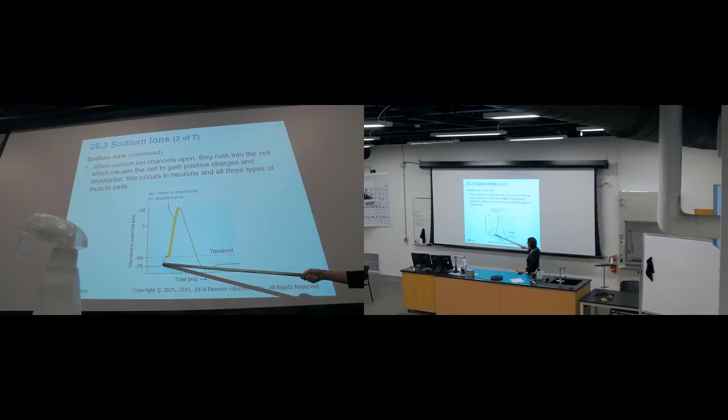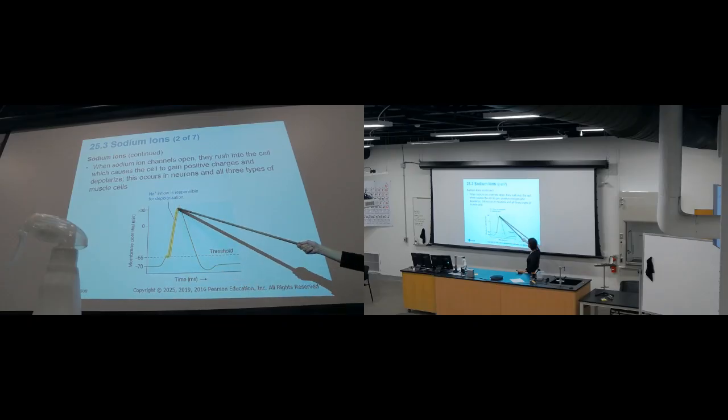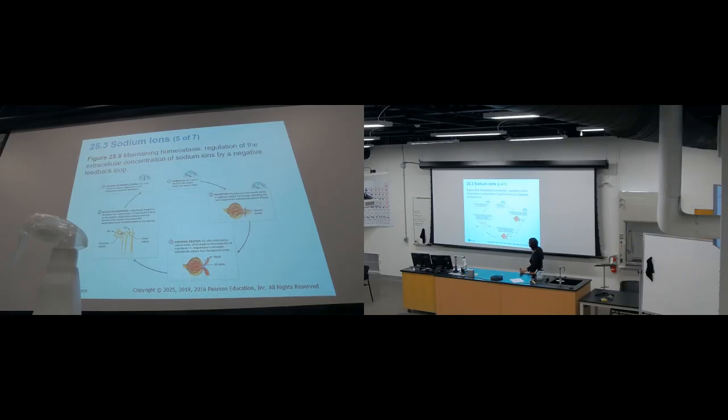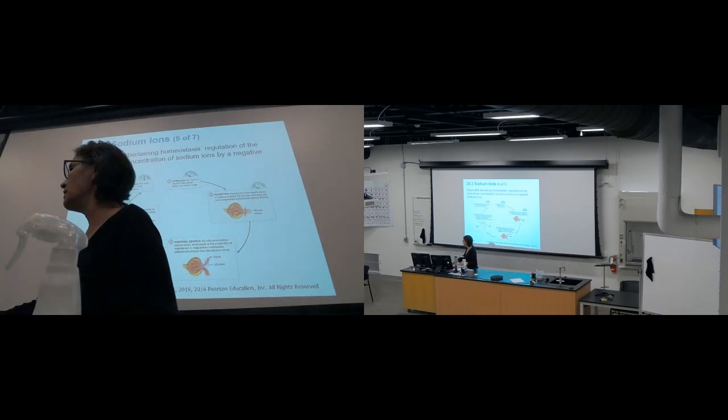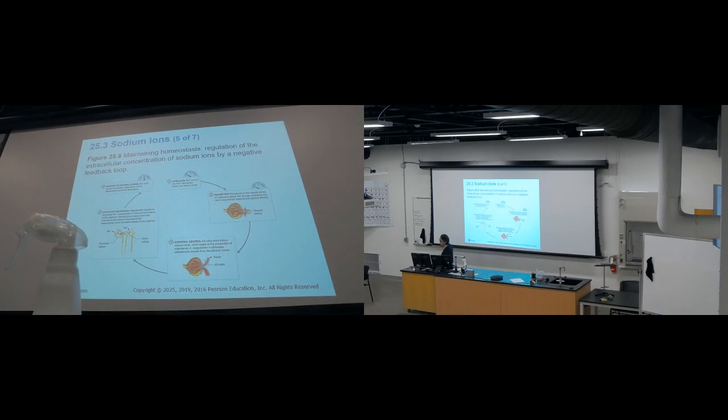But then you open your sodium channels gradually, and you depolarize the cells from minus 70 to minus 55, and then you reach a threshold, and that opens all your sodium channels, sodium influxes into the cells, and you reach plus 30.